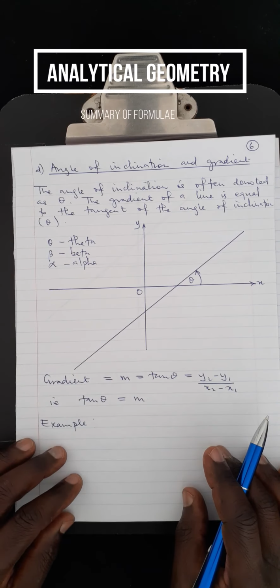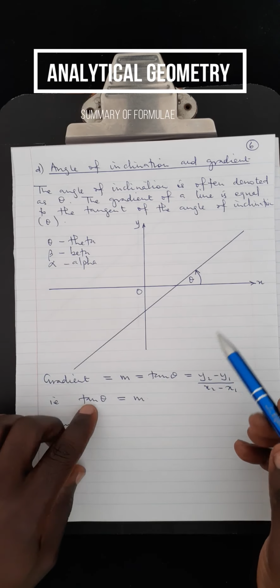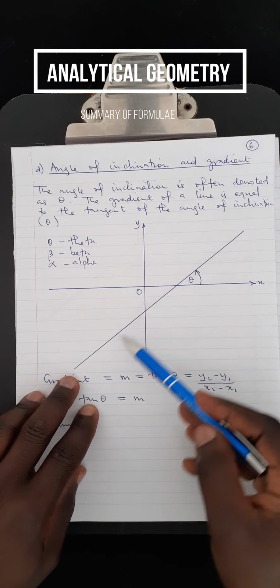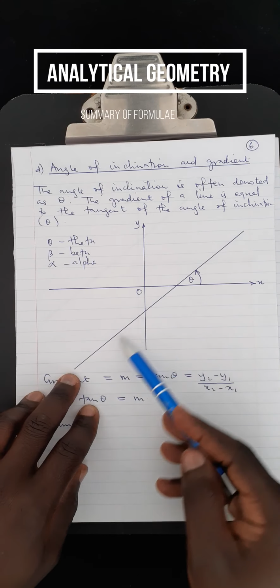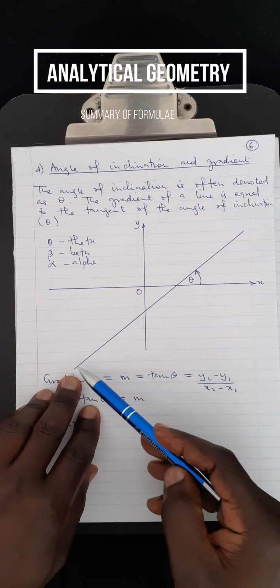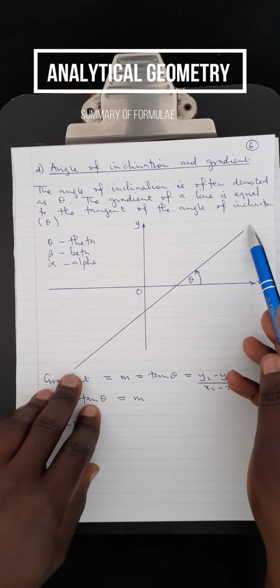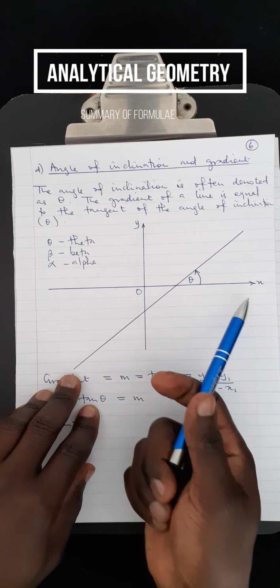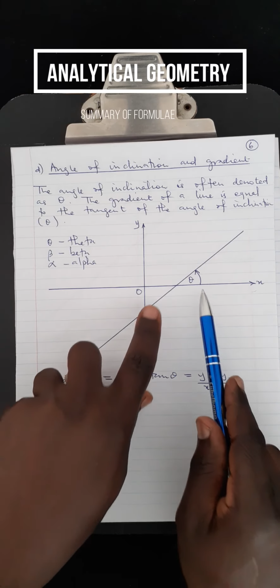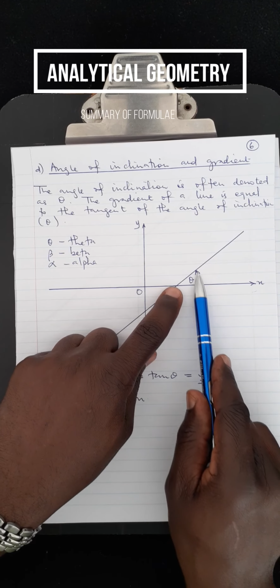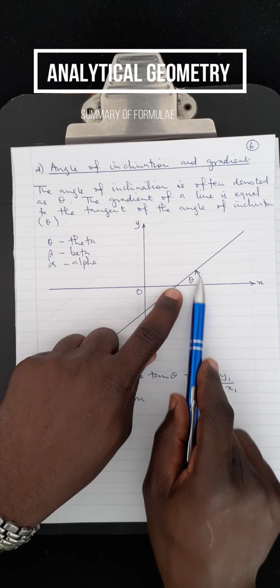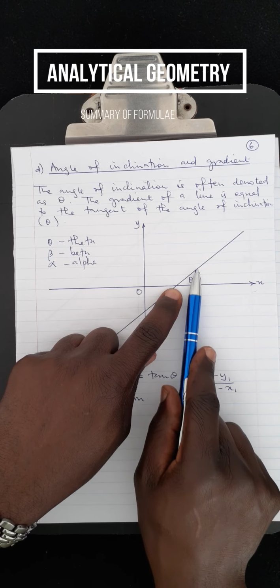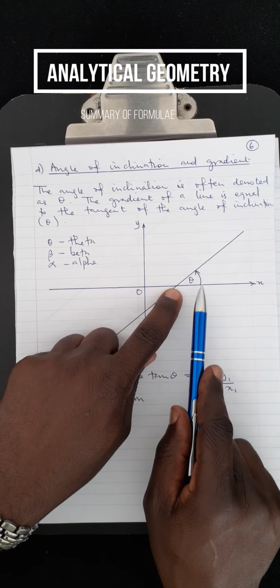So what we have here is the angle of inclination. I've got a straight line here, and inclination is a gradient or a slope. So this line is sloping towards the x-axis. What is this angle here? An angle is basically the space between two intersecting lines or surfaces.